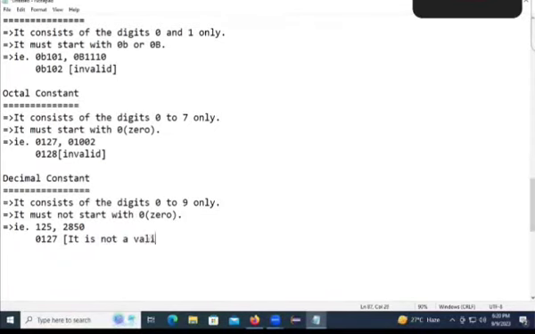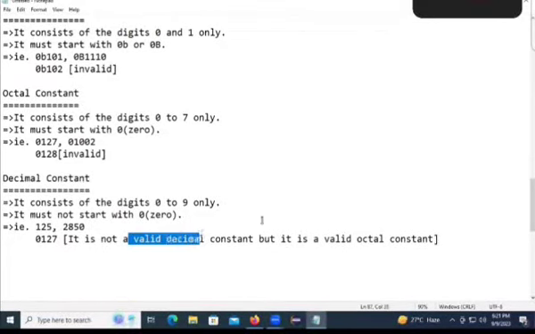It's not a valid decimal constant, but it's not an error. It will be interpreted internally as an octal value, not as a decimal value. It is not a valid decimal constant, but it is a valid octal constant.